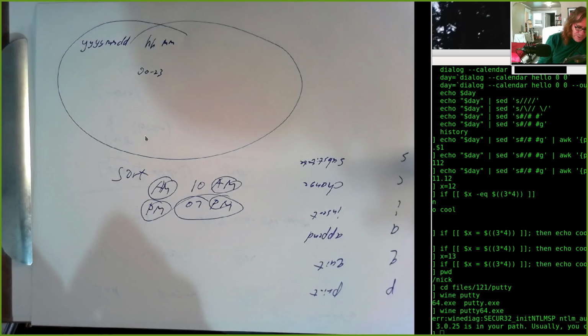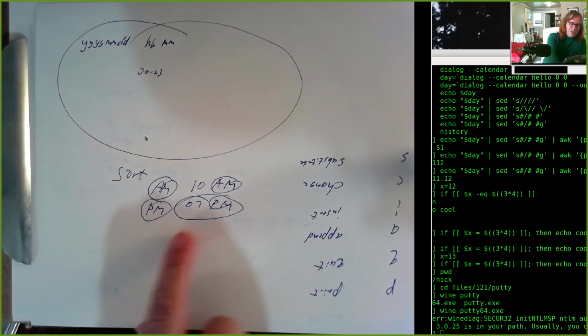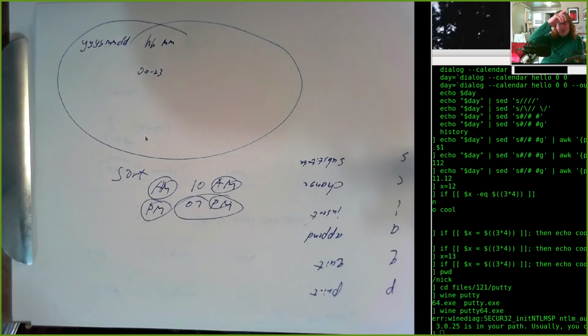Okay. And so, one thing that's not uncommon is to take your file and add some extra information to it before you sort it, and then strip that information out once it's sorted. So you could convert to military time, for example. If it's PM, just go ahead and add 12 to this, and then reverse that when you're done if you don't want to keep it in military time internally, or something like that.